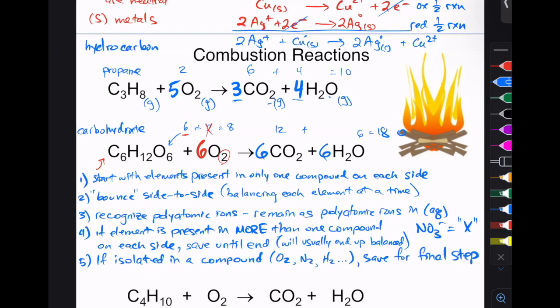Because that way, you make your final adjustment on that compound, you're not going to mess up all the balancing work that you did leading up to that. Okay? And then one more, use fractions to solve an even odd situation, which I'll explain what I mean by that in a second. And then get rid of the fraction by multiplying through.